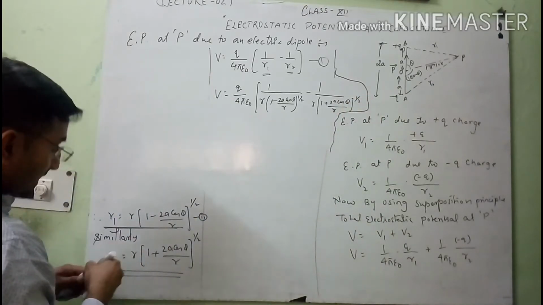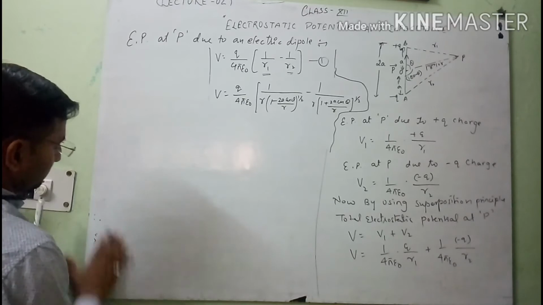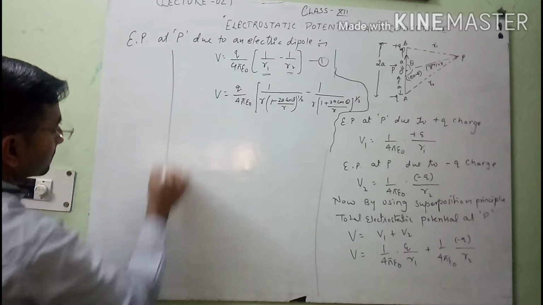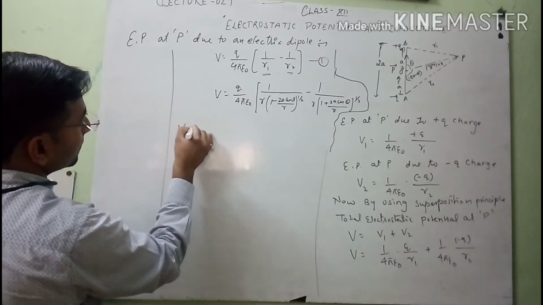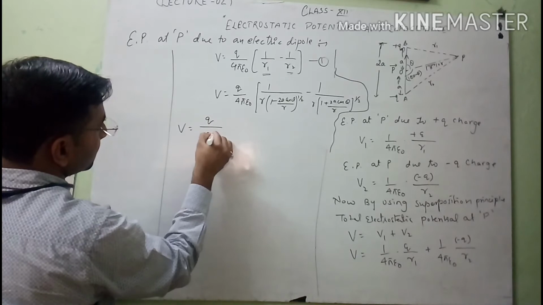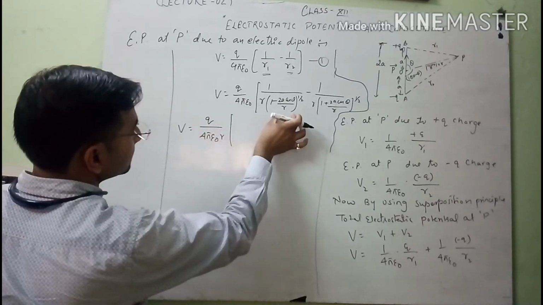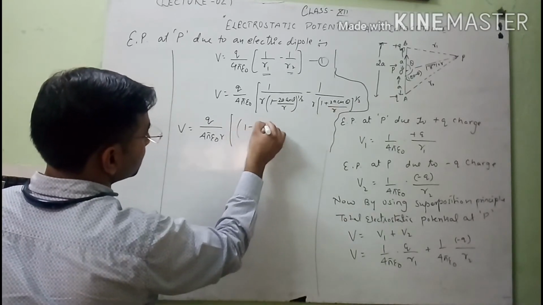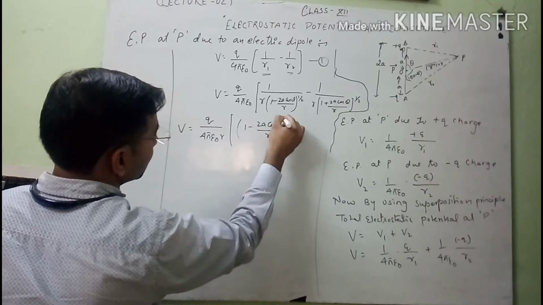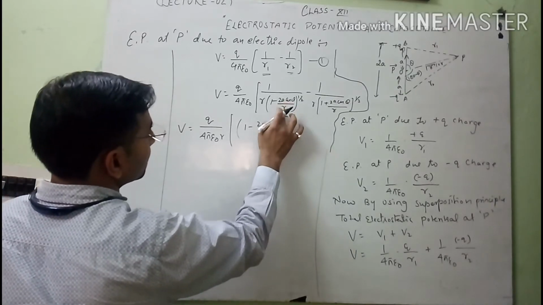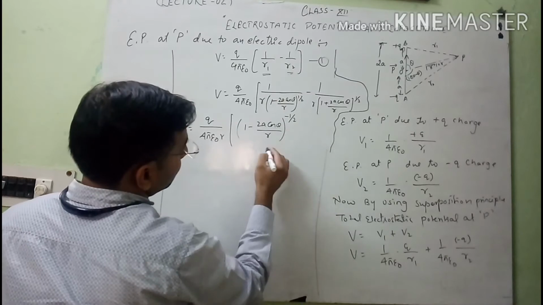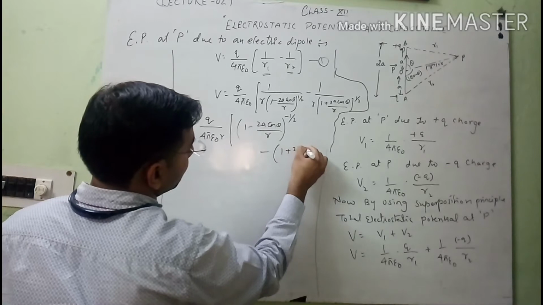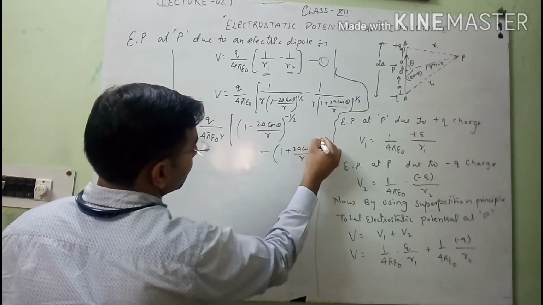Taking R common from this side and simplifying the denominator terms, we get 1 minus 2A cos theta over R raised to the power minus half, minus 1 plus 2A cos theta by R raised to the power minus half.